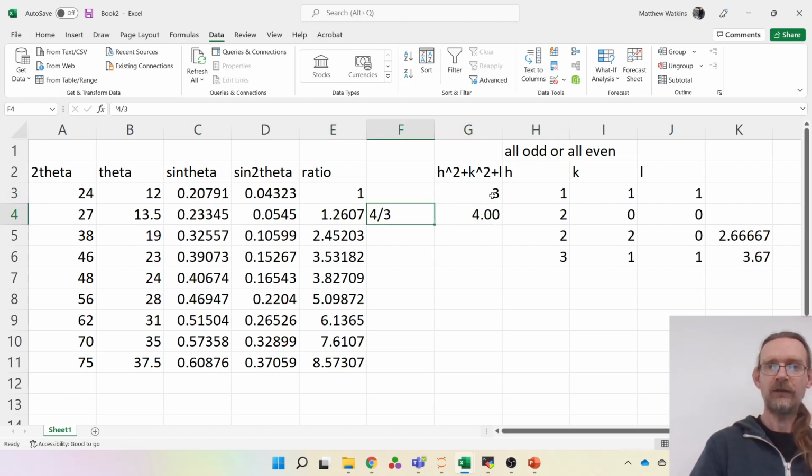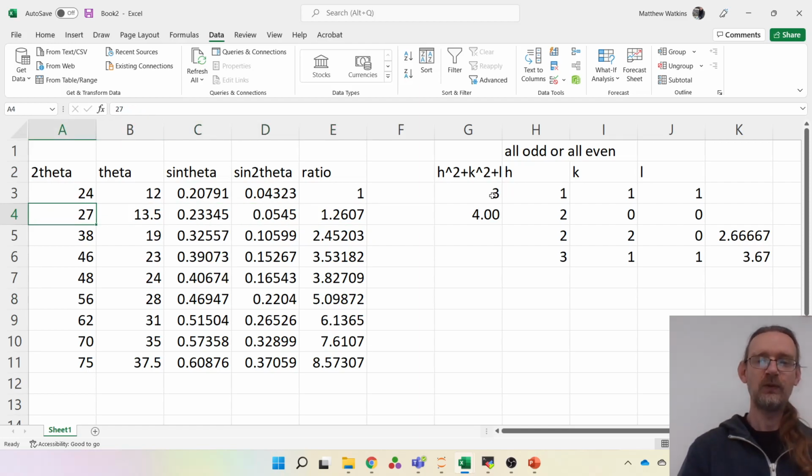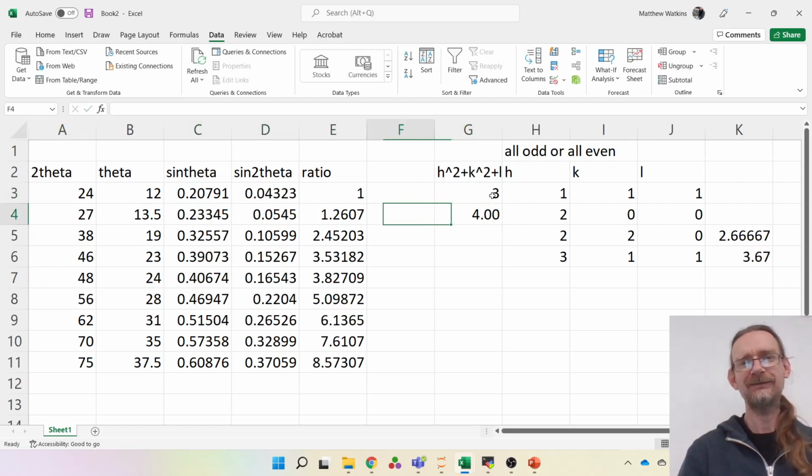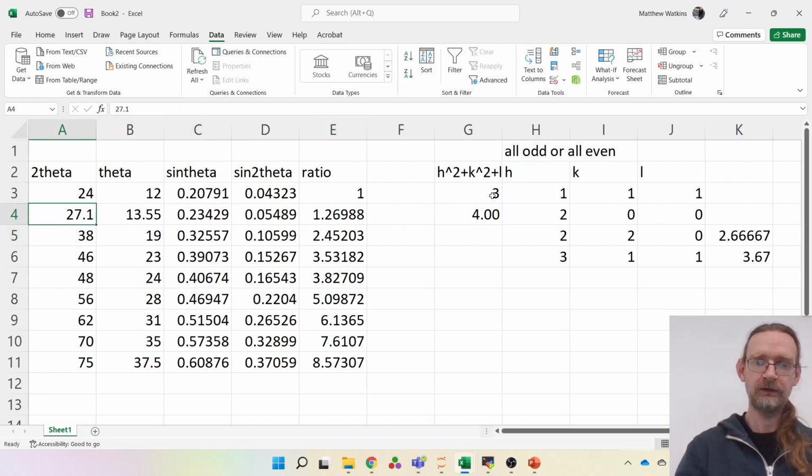So if I take the ratio of this one to this one, I should get the ratio of the h squared plus k squared plus l squared values for the 2 lines. So I should get 4 divided by 3, and that, 1.26, is ballpark 1.3. You wouldn't have to change this by much.